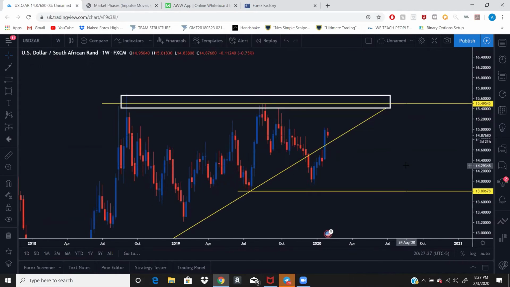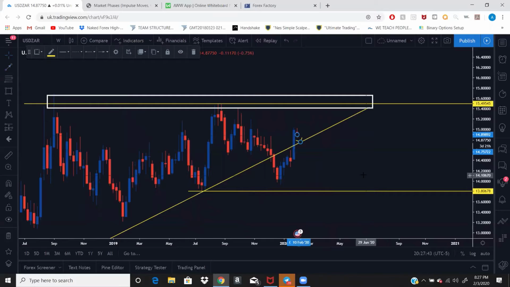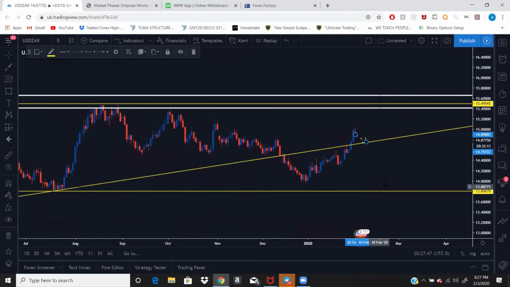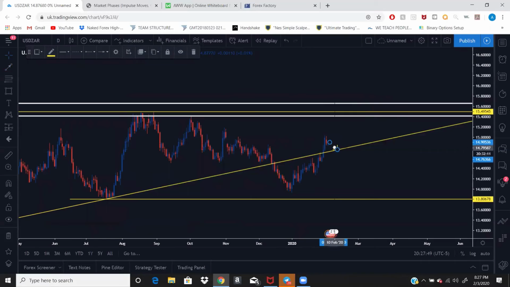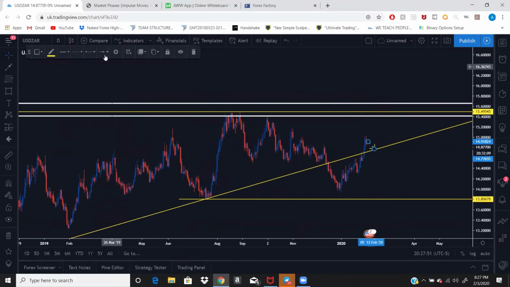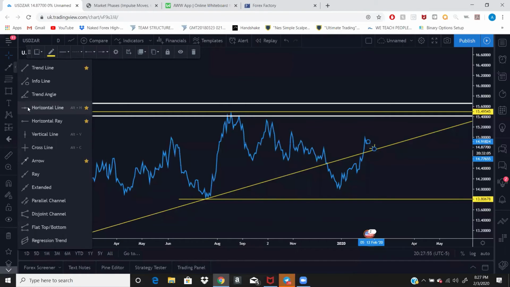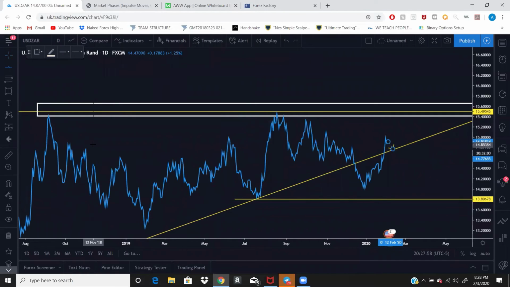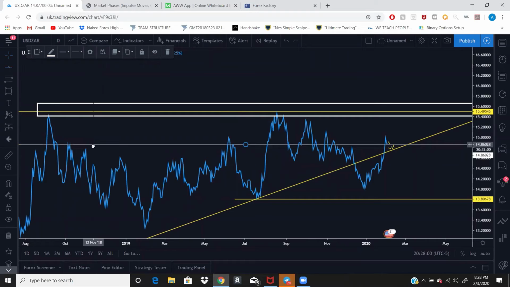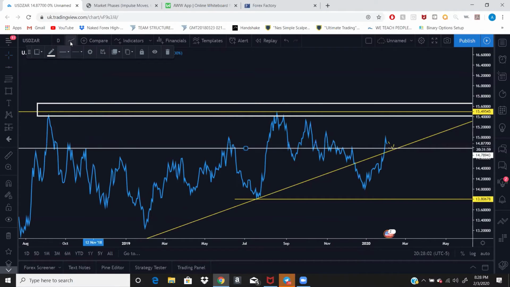15.49. Seems like you might get a smaller pullback here because last week was wild, strong bullish momentum. So you might see a small pullback here to test this. Let's see, where is this daily support? Okay.